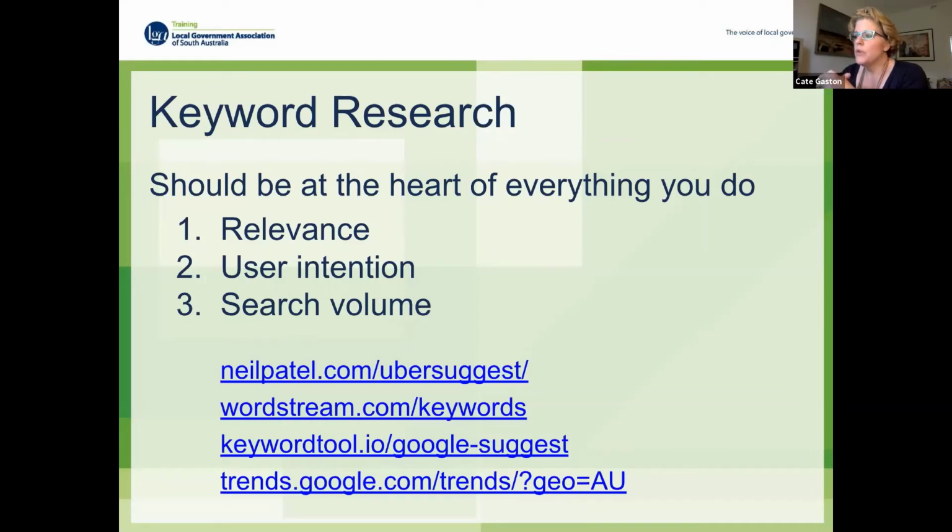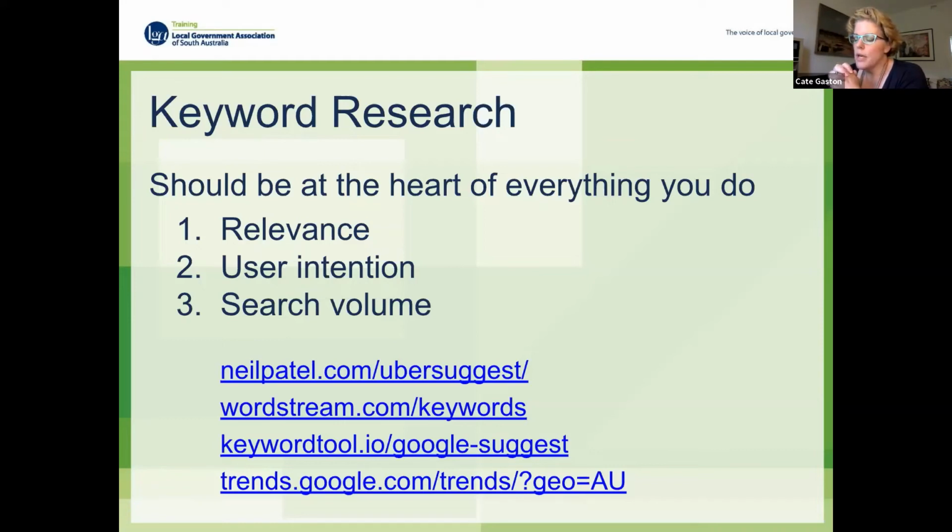So for example, if you're creating a page on your website around waste and recycling, specific to recycling and what to put in your bin, to make sure that people can find that information really easily, I would use one of the free keyword search tools to find out what terms people are using when they're Googling or searching for what to put in what bin.